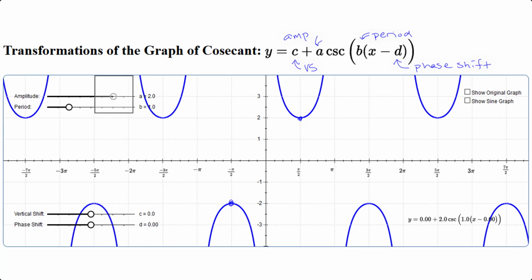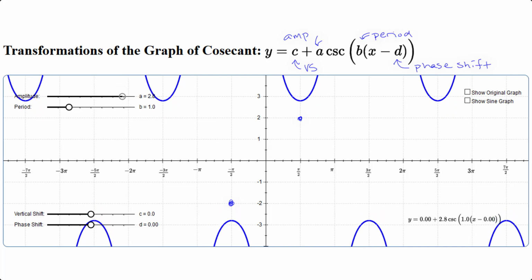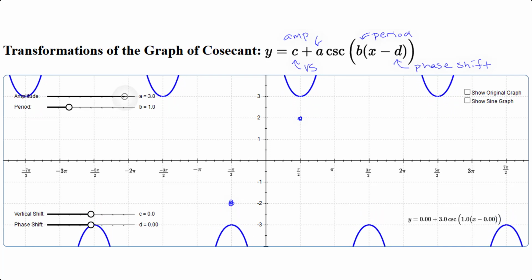So whatever this amplitude is, that is the location of the local minimums and local maximums that the cosecant is going to reach. So it's similar to the amplitude of sine and cosine, but not exactly the same.